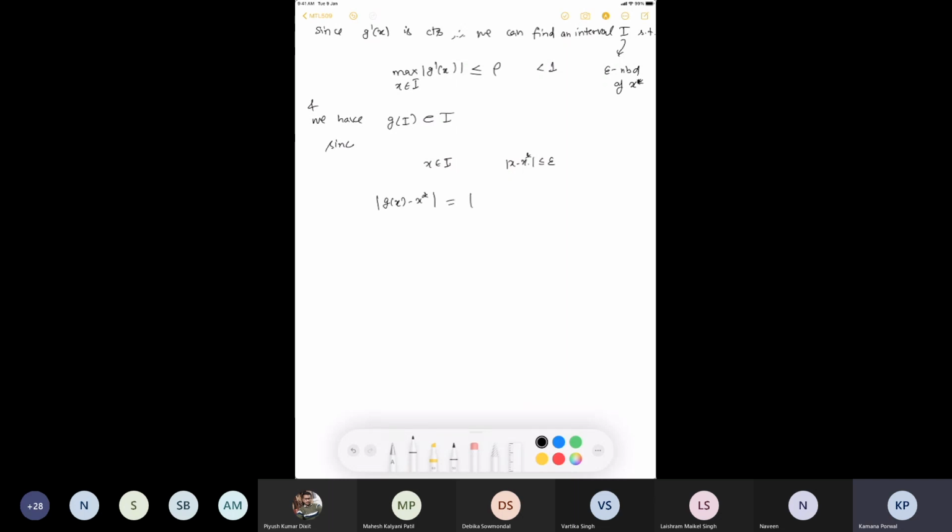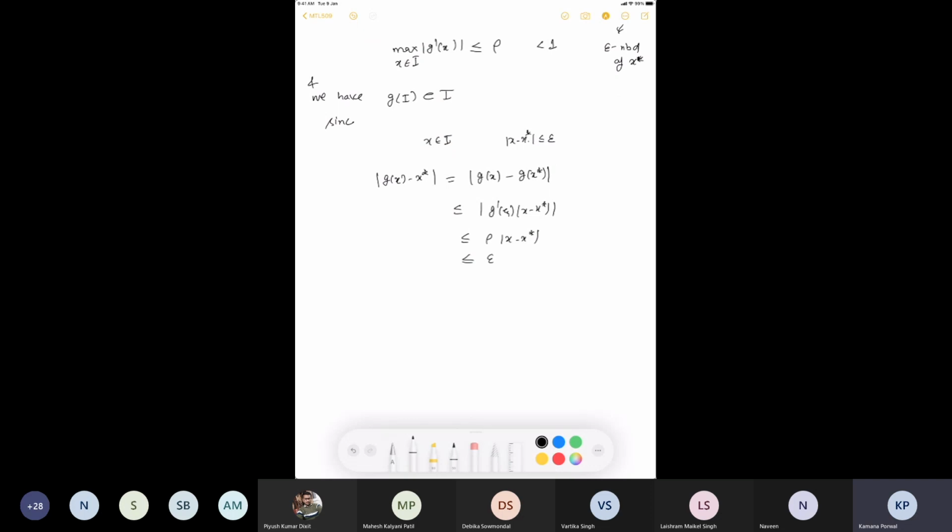So we can simplify this again. x star is nothing but g of x star, so this is less than or equal to |g prime of xi| times |x minus x star|, which is less than or equal to rho times |x minus x star|, and rho is strictly less than 1 and |x minus x star| is less than or equal to epsilon. This is going to be less than or equal to epsilon, right?